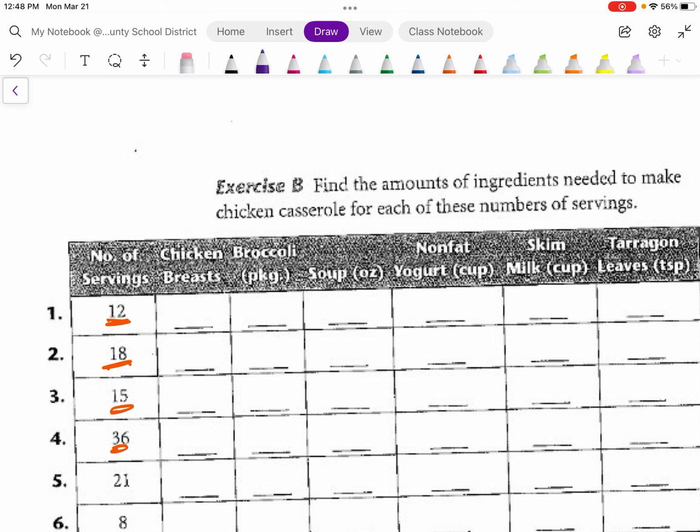If we go back to the previous table, the original recipe is for 6 servings using 6 chicken breasts, 2 packs of broccoli, 10.5, I'm going to write it as a decimal, ounces of soup, half a cup of non-fat yogurt, half a cup of skim milk, and then 2 teaspoons for that one.